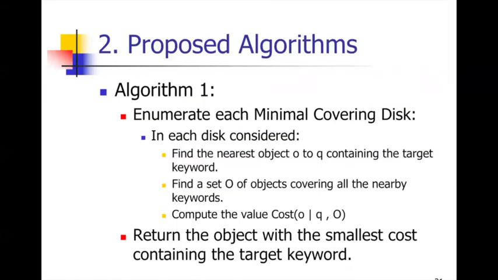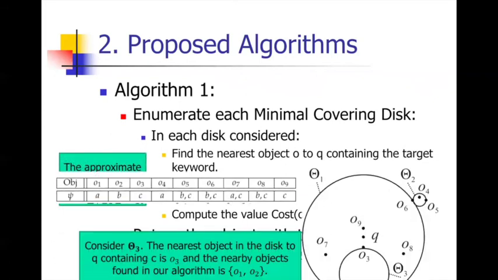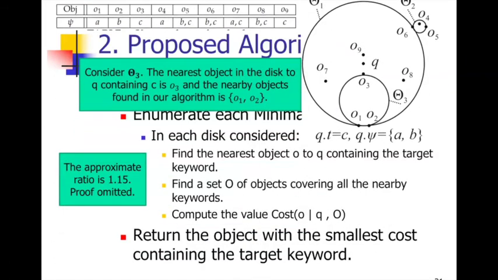Our algorithm 1 enumerates each minimal covering disk, and in each disk considered, it finds the nearest object o to Q containing the target keyword, and finds a set big O of objects covering all the nearby keywords. It computes the cost of small o given Q and big O. In this example, consider theta 3.